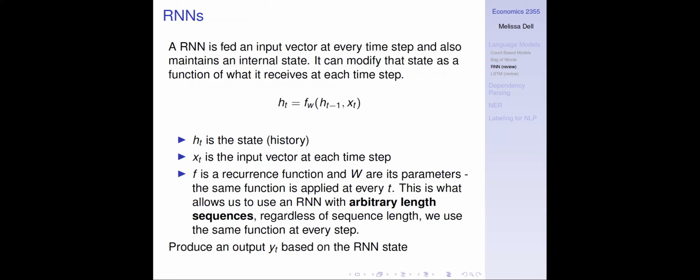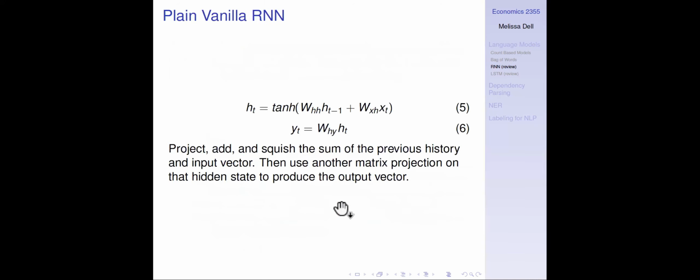Then we can produce an output y_t at each step based on that history. Importantly, we apply the same weight function at every step, and that's what allows us to use an RNN with arbitrary length sequences. Regardless of the sequence length, we use the same function at every step.